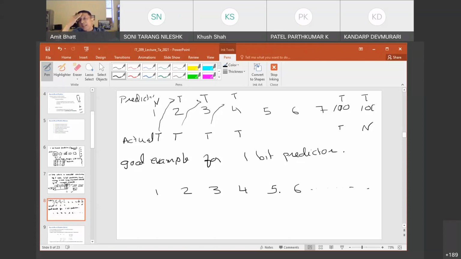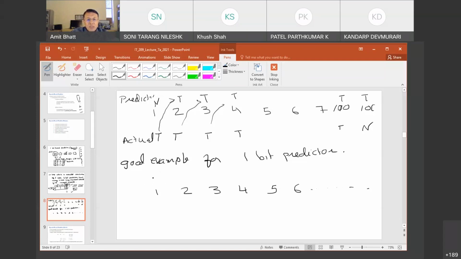Suppose I have written a program where the alternate outcome is 0 and 1. Then I've written a branch that if it is 0, then go here, and if it is 1, then go there. So my outcome is 0, and the outcomes 0 and 1 come alternately.